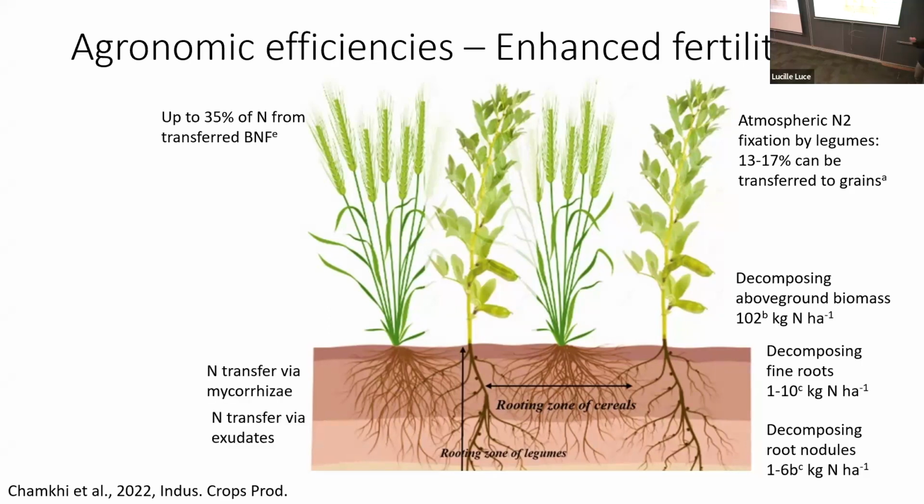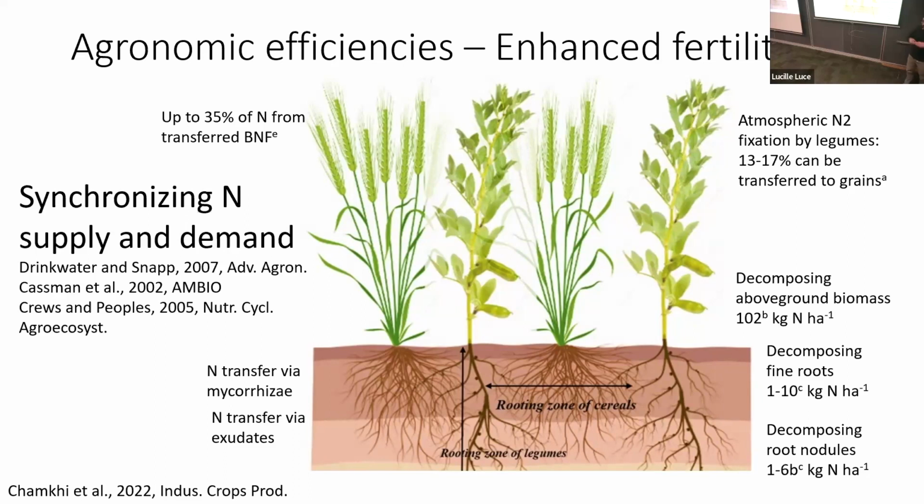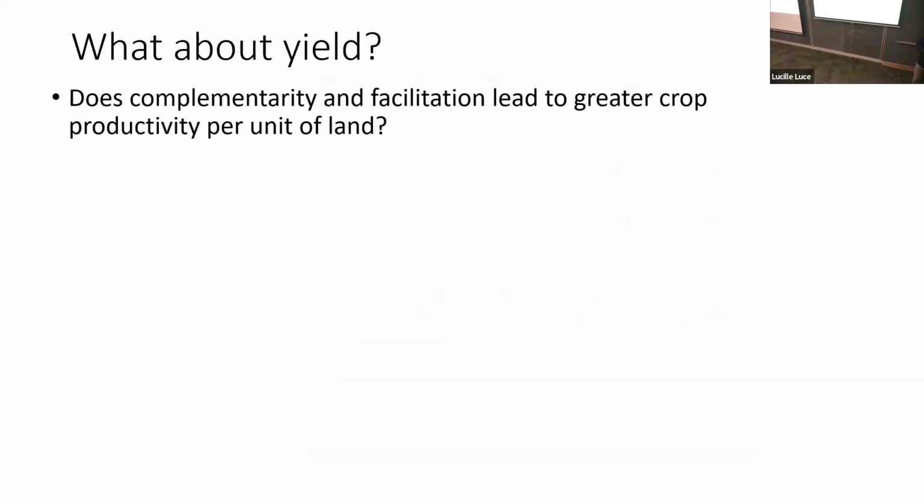There are other, maybe more direct pathways: nitrogen transfer through mycorrhizal fungi, through root exudates. But all of this is designed to better synchronize the nitrogen supply and demand of these cropping systems. And I'm going to talk a little bit about how the potential might be enhanced with perennial crops.